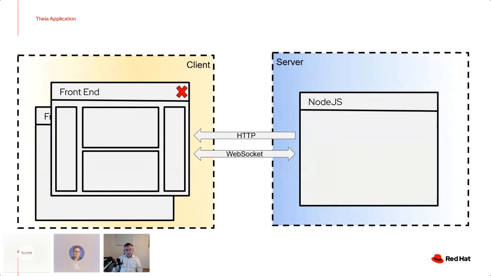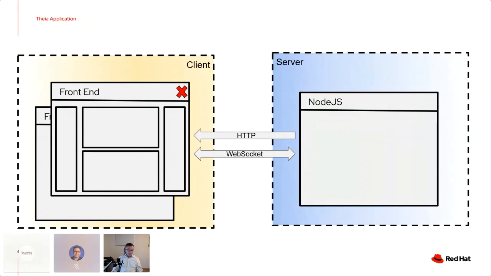Phosphor.js was used because it's a framework that's focused on providing a desktop-like experience in the browser. In particular, it offers very responsive layouts that do stuff you can do with CSS, like react to resize, etc., in the way you would expect from a desktop application. You can see the arrows here.